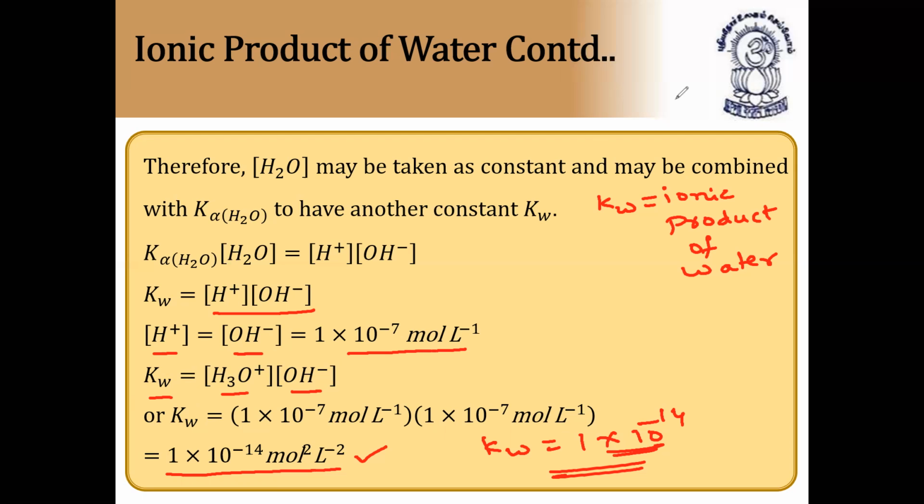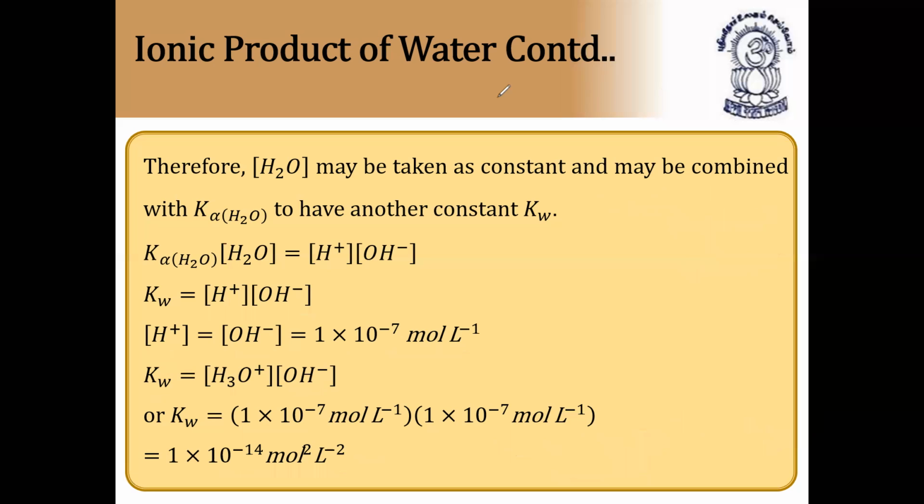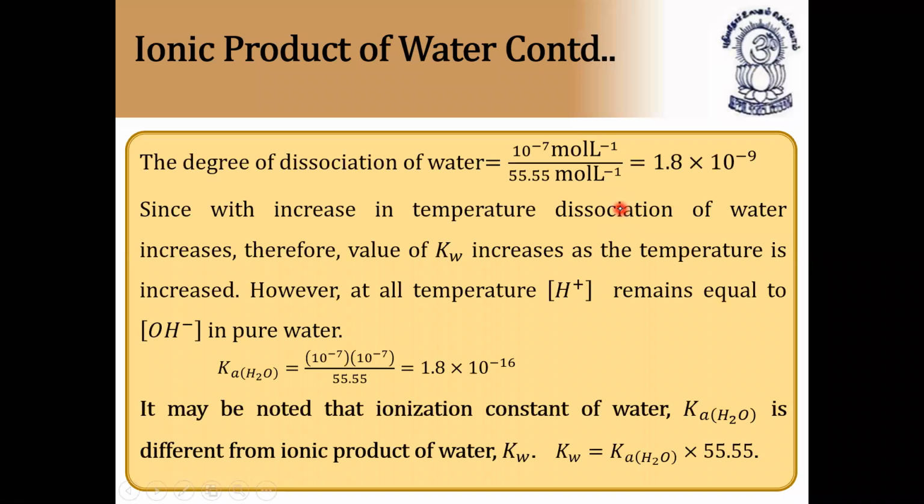You have to remember these values because in the examination they will not give them. This value is at room temperature. As the temperature increases, the ionic product of water value increases.